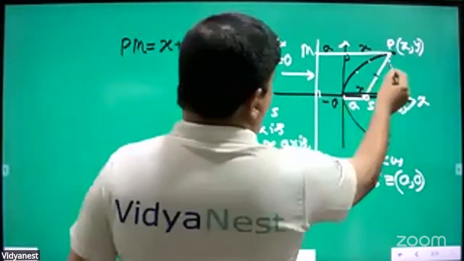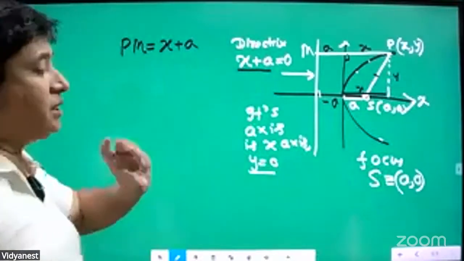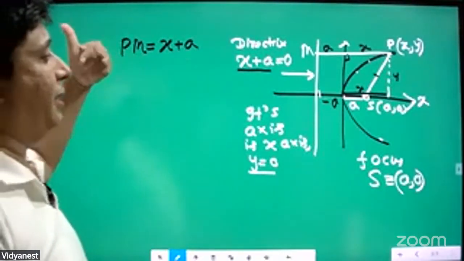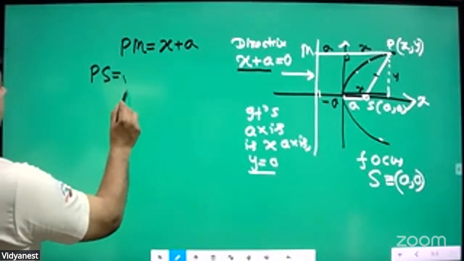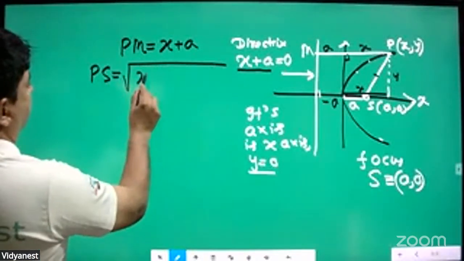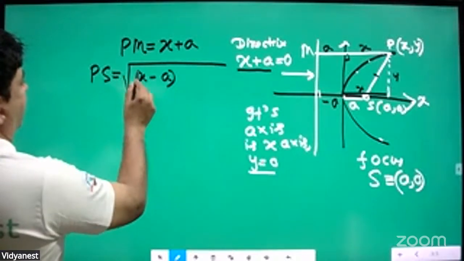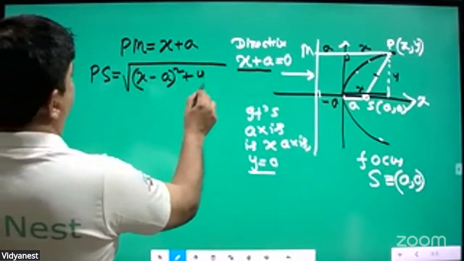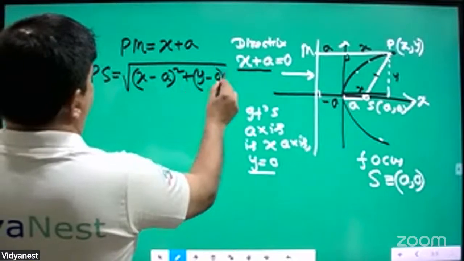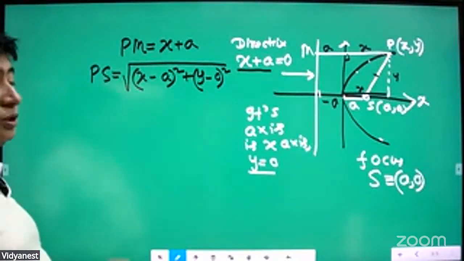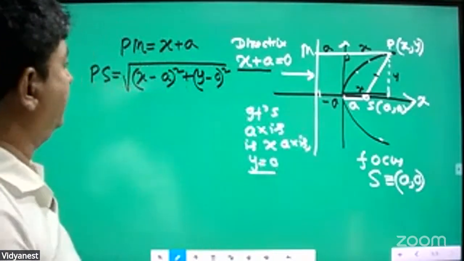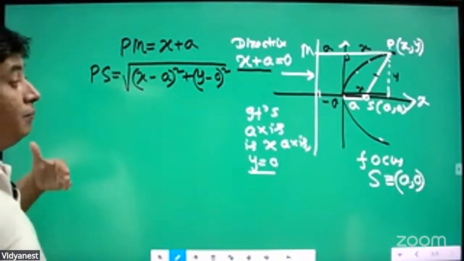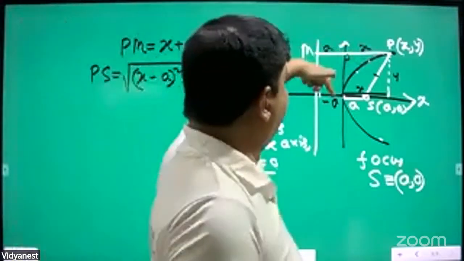What is PS? That is the distance formula between 2 points we are taught. PS is the square root of x minus a whole square plus y minus 0 whole square. So both PS and PM we have come to know by this figure. Now what is the relation by which I got that curve?